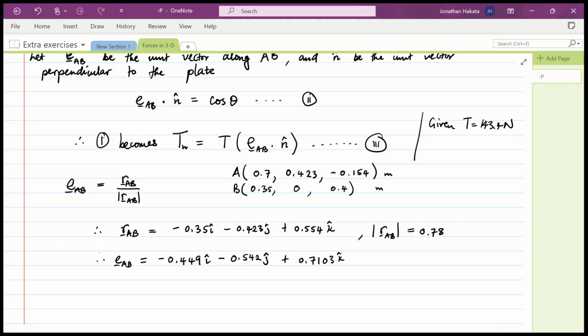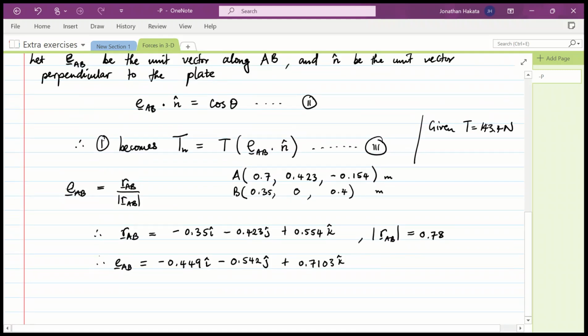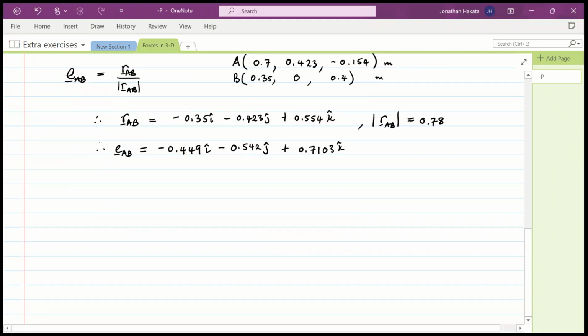Our next task is, because look at equation 3, it requires us to find EAB, which we did, and we also need the unit vector n. So what is n? Remember we have a situation like this. A is here, and we said M is here and P is there.